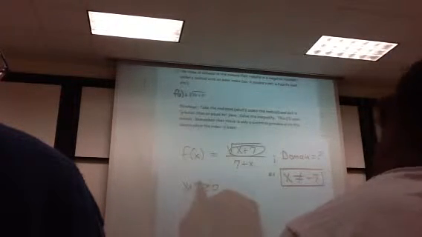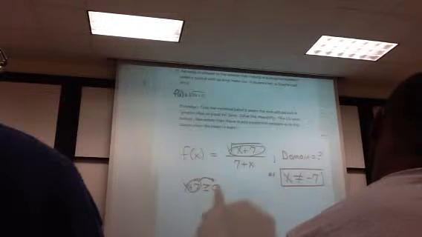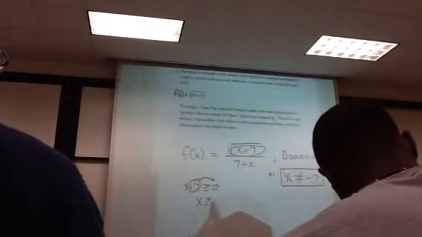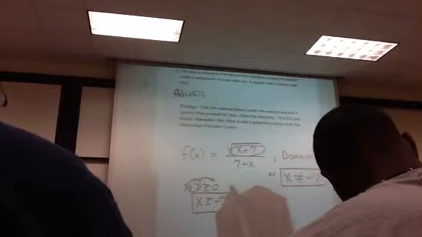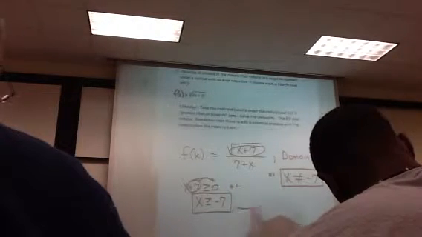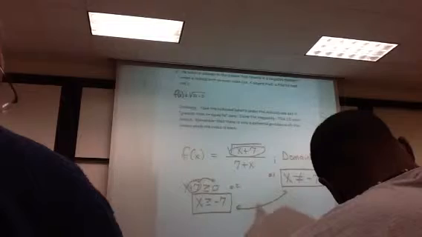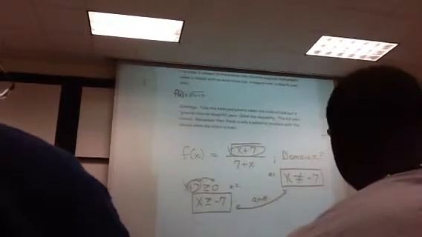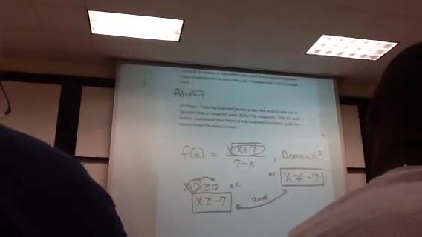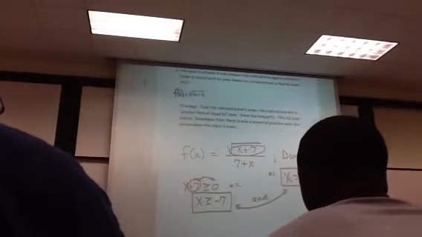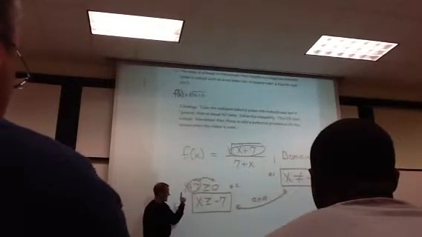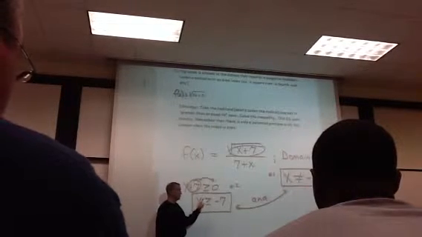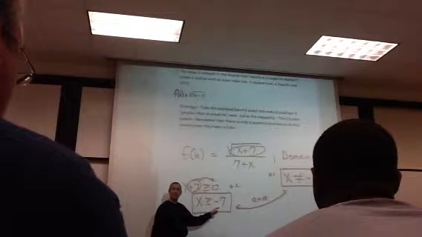All right? Let's solve it. X is greater than or equal to -7. That's by limitation number 2. But both those guys got to be true. Both of them have to be true. So everybody watch for a second. Here's my domain. It's everything greater than or equal to -7. Uh-oh.